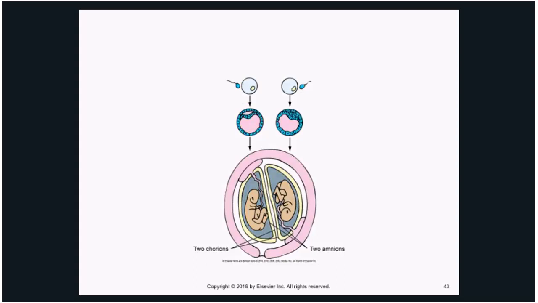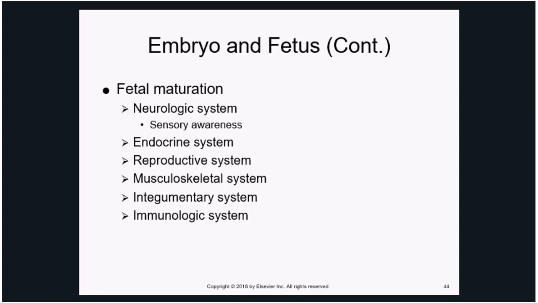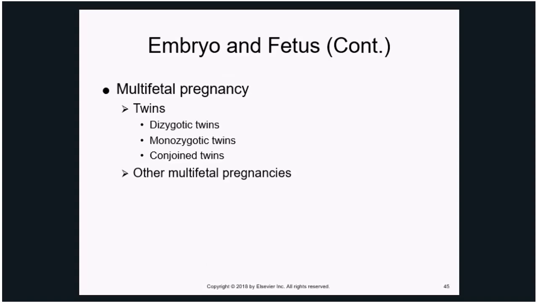This is showing twins with their own separate placentas. Fetal maturation: neurological system, sensory awareness, endocrine, reproductive, musculoskeletal, integumentary, and the immunologic system. Multifetal pregnancies: twins can be dizygote, monozygote, or conjoined.